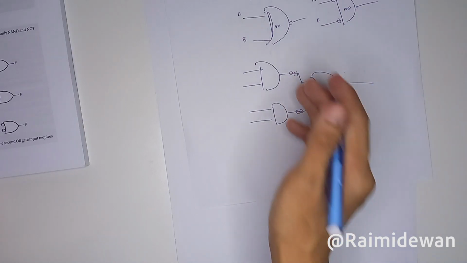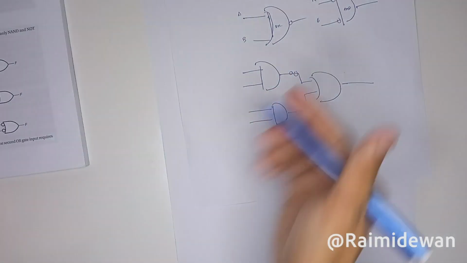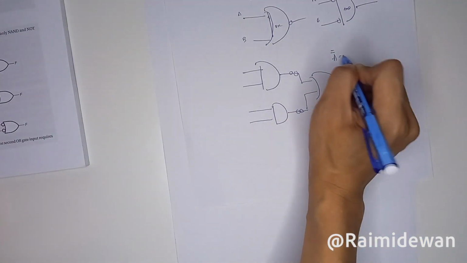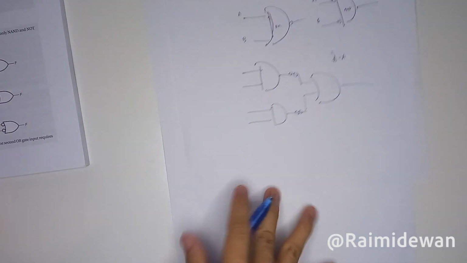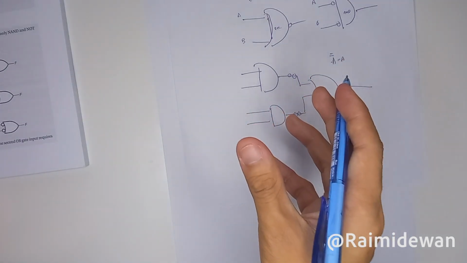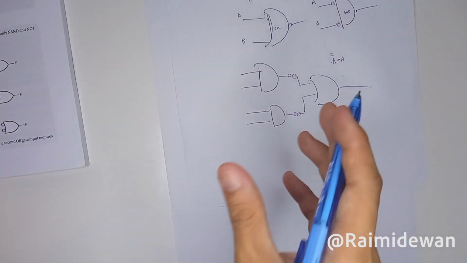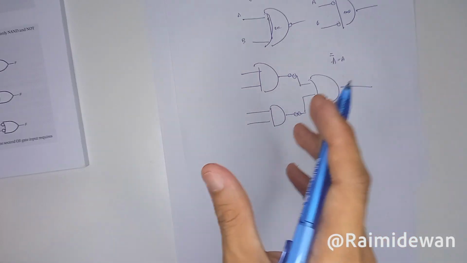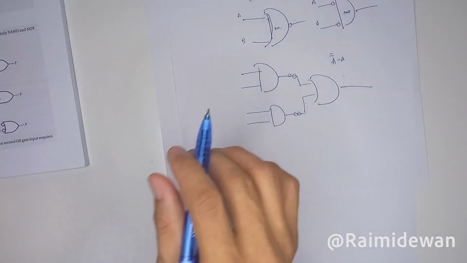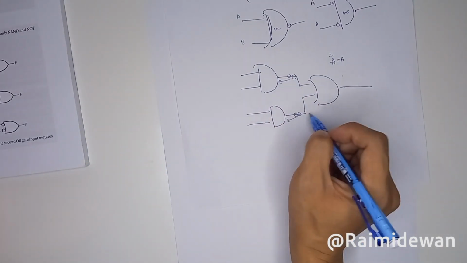There's no effect of having two bubbles here because the bar still reverts back to the same value, just like A double bar becomes A again. So this is why it is mentioned that only AND and OR functions need to be converted to NAND or NOR gates. Only these two can be converted. So here, you will move the bubble through here.